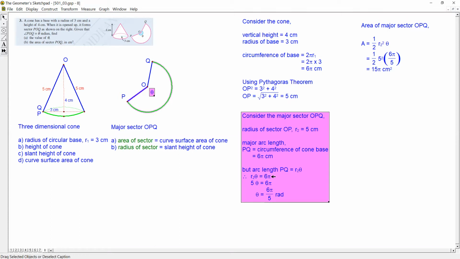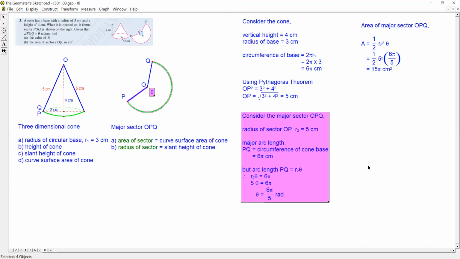So r theta is 6 pi. r is 5, so theta is 6 pi over 5. So this is the angle theta. They didn't ask us to find the value in terms of degrees or radians, so I just leave the answer in terms of radians, which is more accurate.